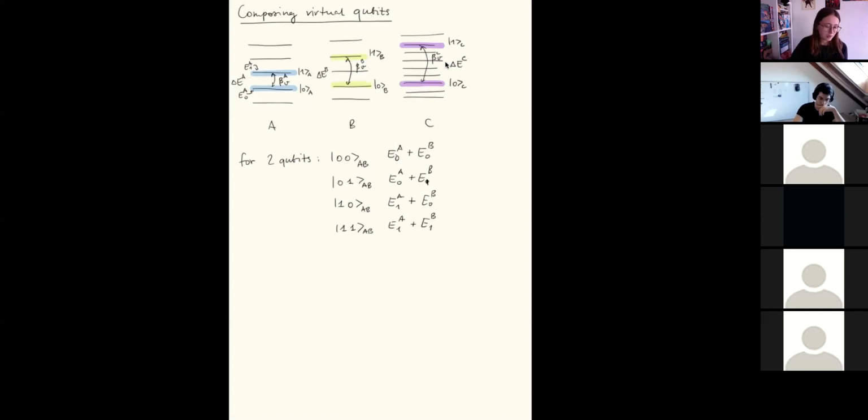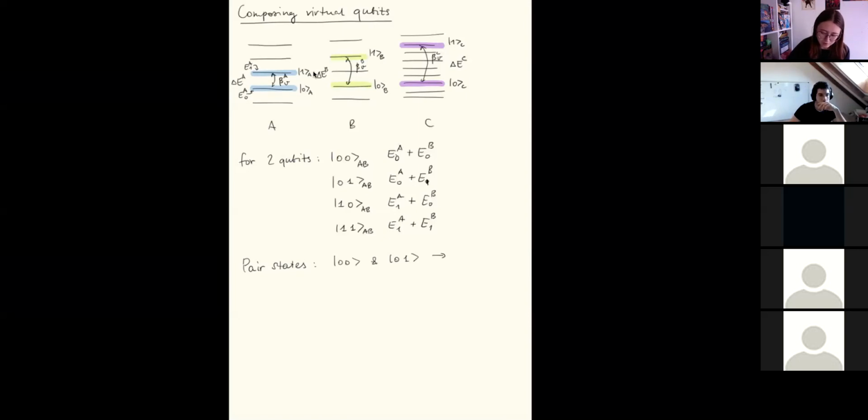Okay, so now, in principle, to create a new virtual qubit, we would need to take, in this composite system, a pair of any of these four states, right? The problem is that some of these pairs correspond to virtual qubits that we already used, so they would be nothing new. So for example, if we take a pair 0, 0 and 0, 1, then we can just factor out the first system and we are left with the virtual qubit on the second system.